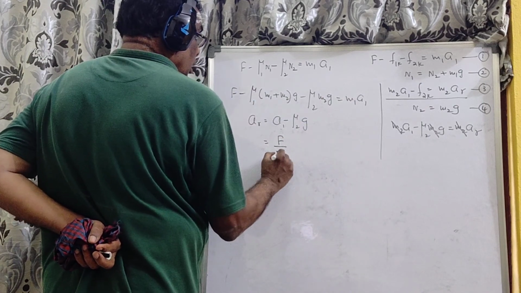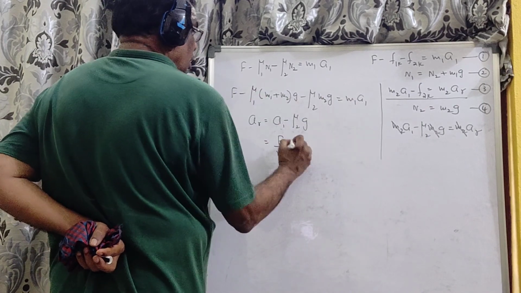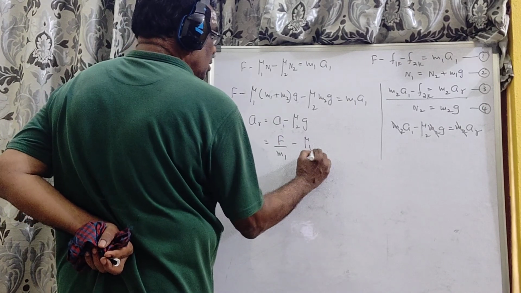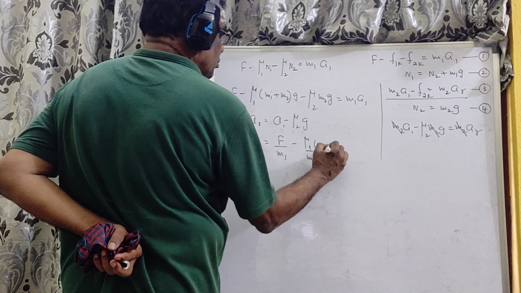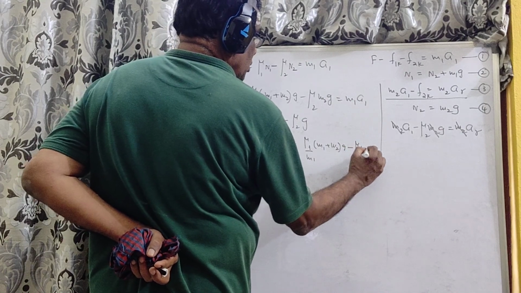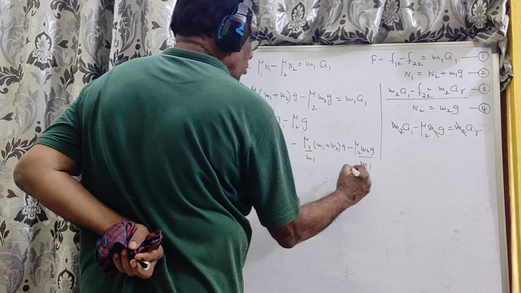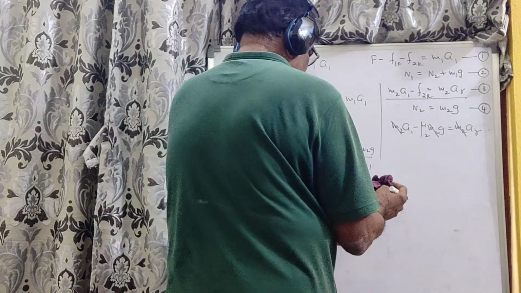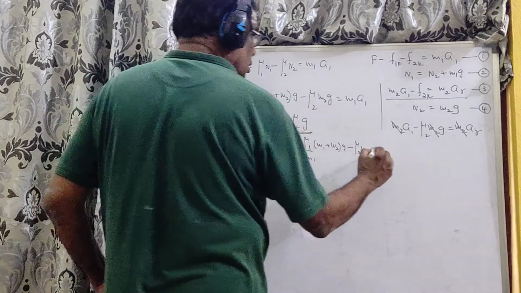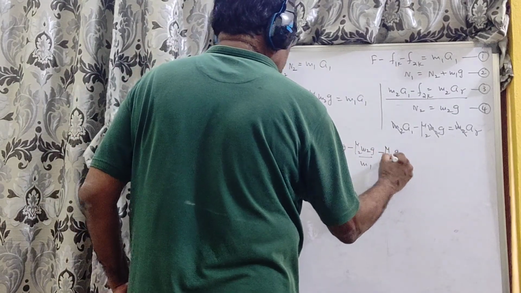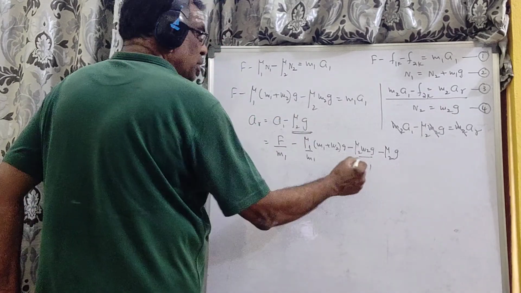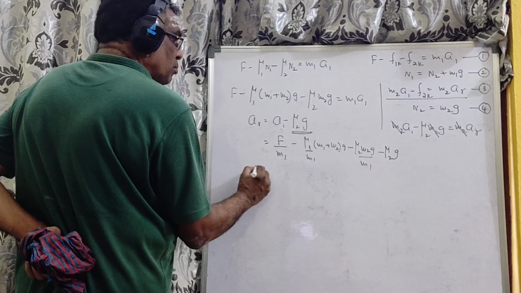How? F by M1 minus mu1 by M1, minus mu2 M2G by M1. Alright. Then there is a term here, minus all the 1, 2, 3. 1, 2, 3 I took from here, second term here.